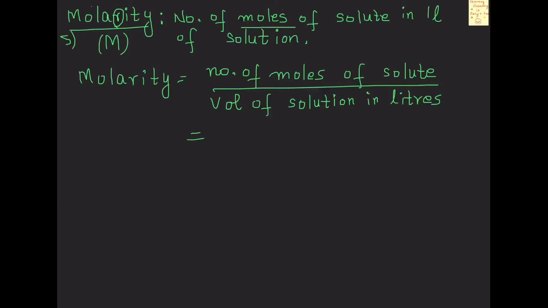Number of moles of solute per liter of solution, or number of moles of solute in a given volume of the solution expressed in liters. Whichever way you can define it means the same. Molarity, number of moles of solute divided by the volume of solution in liters, correct?